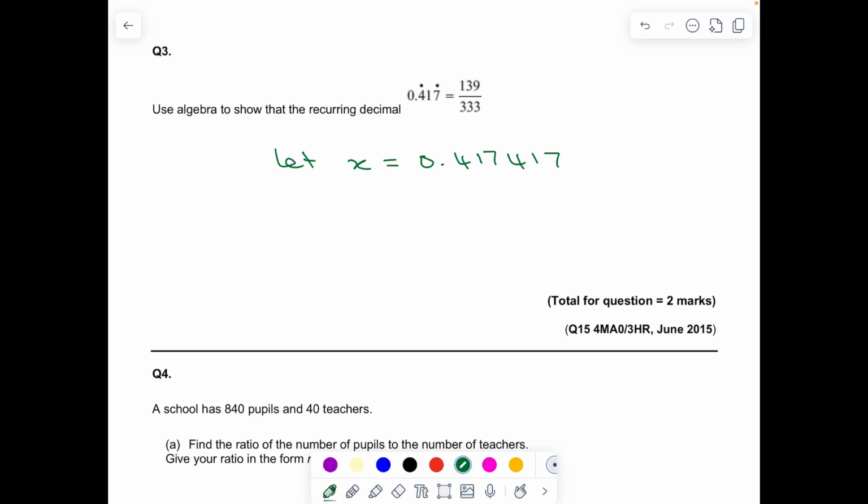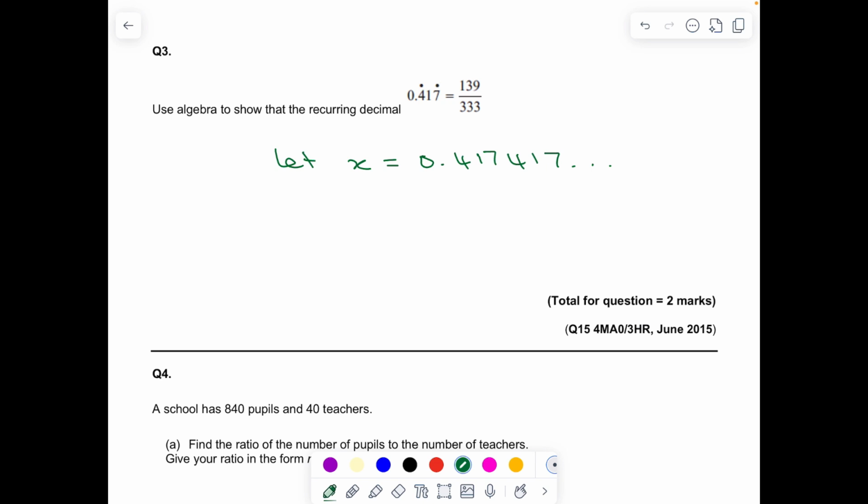So it means that whole chunk, 417, recurs forever and ever. Now, because there are 3 numbers recurring, we're going to multiply by 1,000. If there was 1 number recurring, we would times by 10. If there were 2 numbers recurring, we would times by 100.